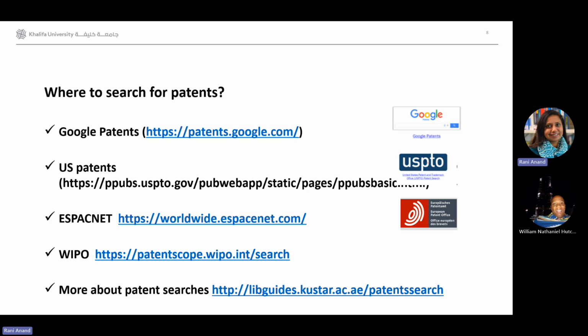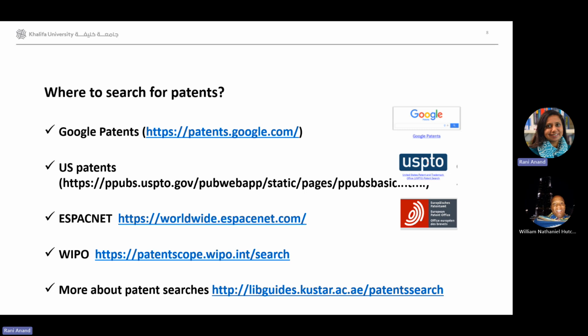Searching for and finding patents is very important as a researcher or a potential patent applicant, because you need to know whether this patent already exists or if there is a filed patent in the same research area. So it's very important to know how to search the patent databases.